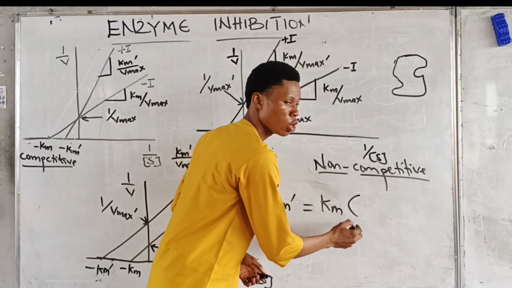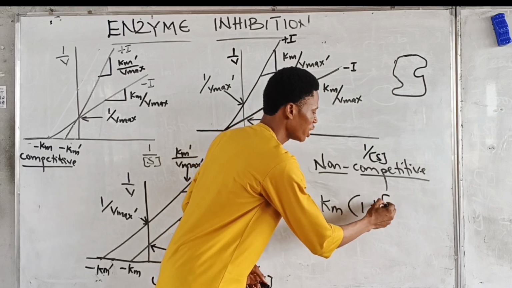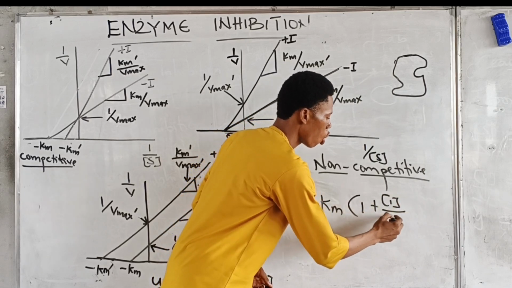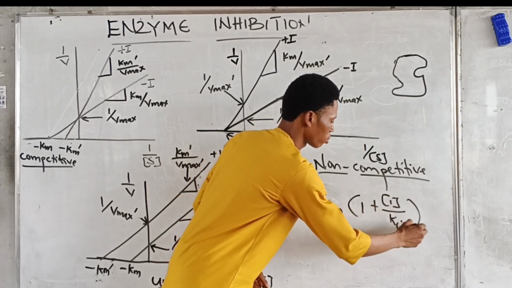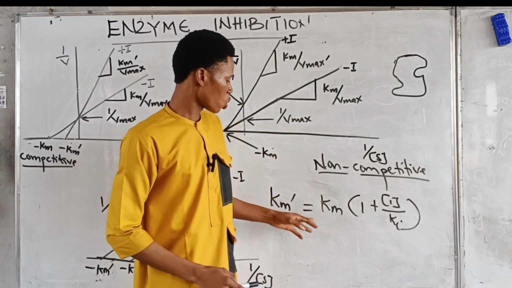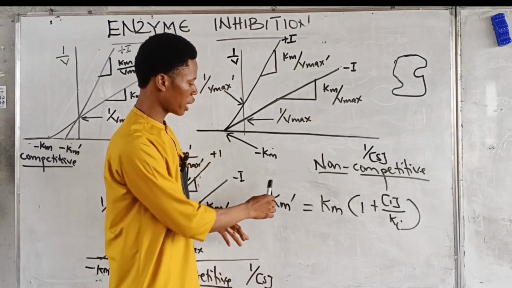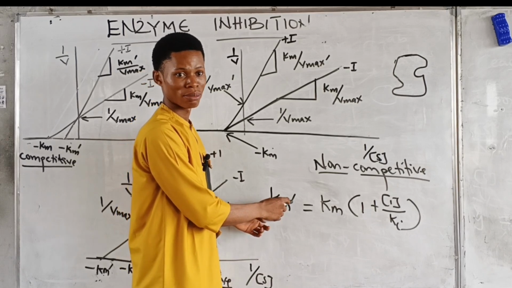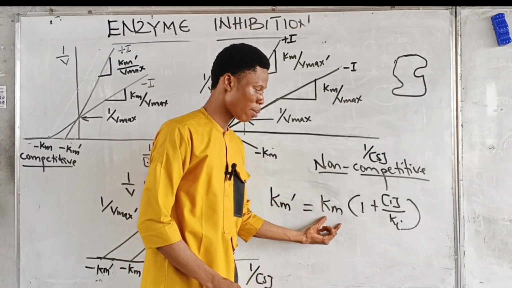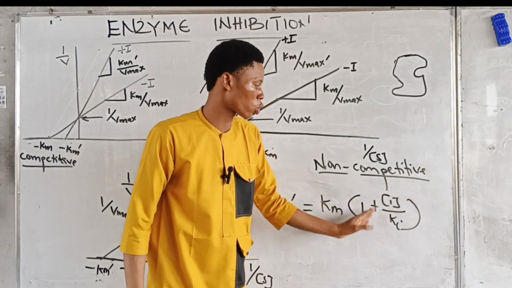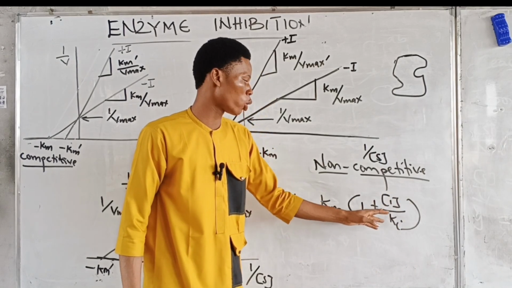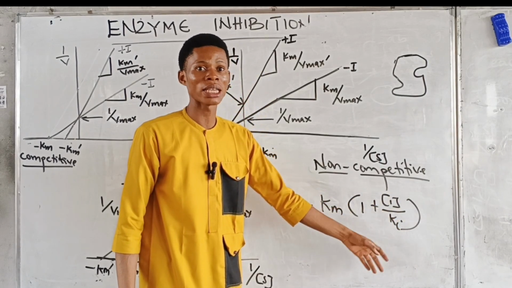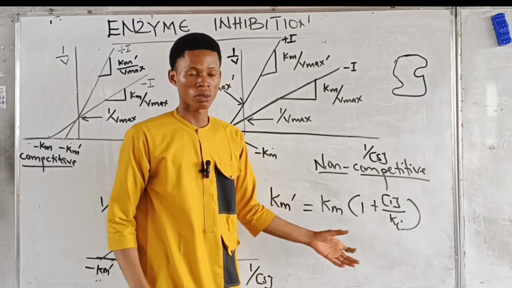The inhibitor factor is always 1 plus inhibitor concentration all over Ki. Km prime, which is called the apparent Km, is equal to Km times this factor, 1 plus inhibitor concentration over Ki.